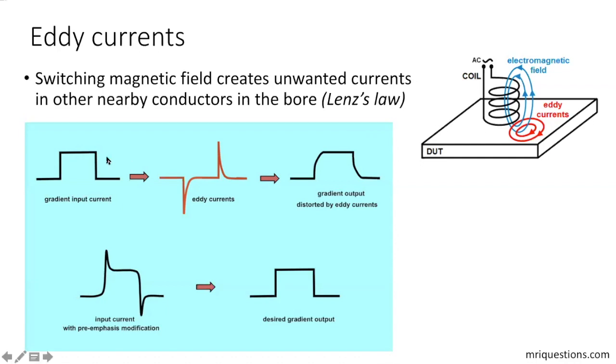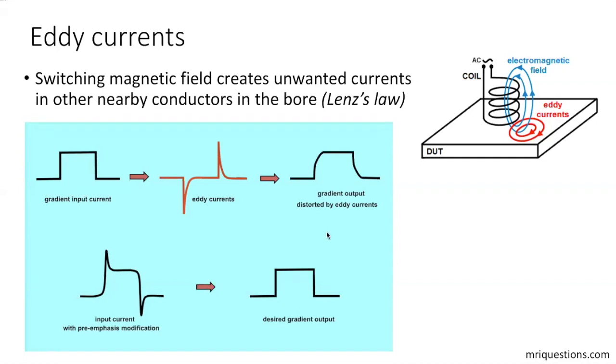So for example, if you were playing this nice rect gradient with eddy currents present, your gradient waveform is actually distorted, and that will certainly mess up how k-space is being filled. Typically we don't worry about eddy currents since manufacturers have eddy current compensation.